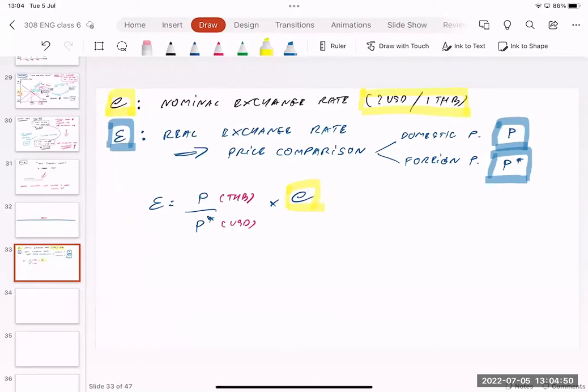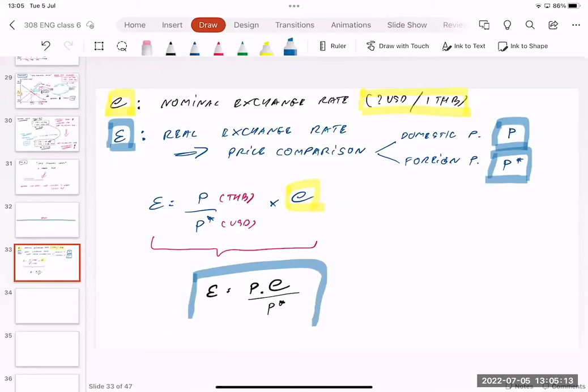When you multiply domestic price with the nominal exchange rate, you transform the domestic price from Thai baht to US dollar. So in the end, we can say that the real exchange rate is equal to P, the domestic price, multiplied by E, the nominal exchange rate, and divided by P star. This is the mathematical formula for the real exchange rate.